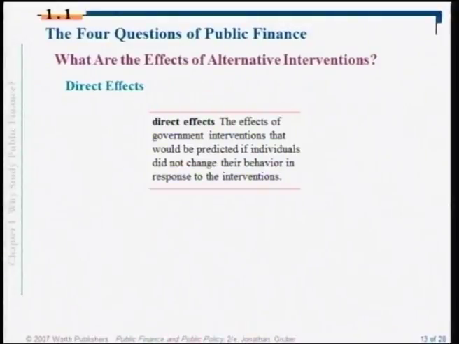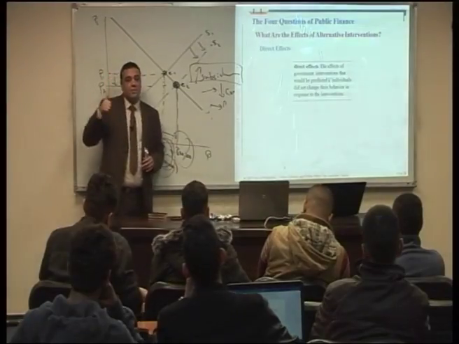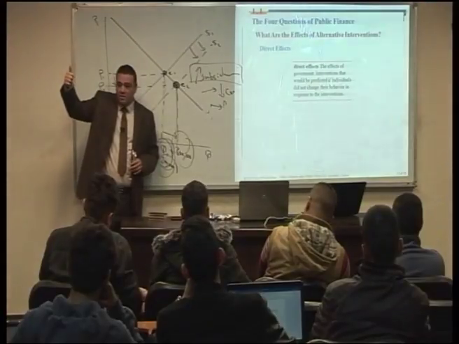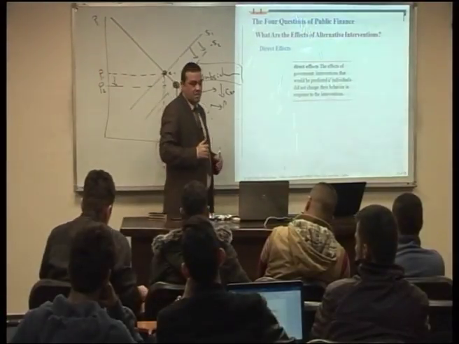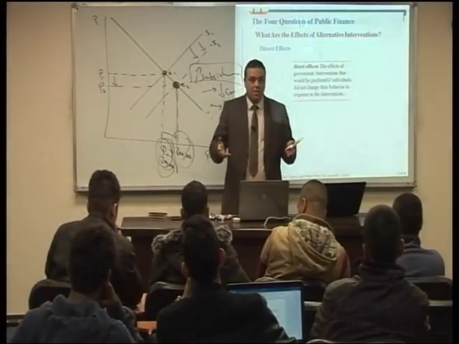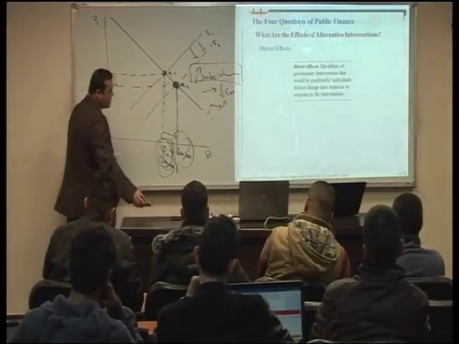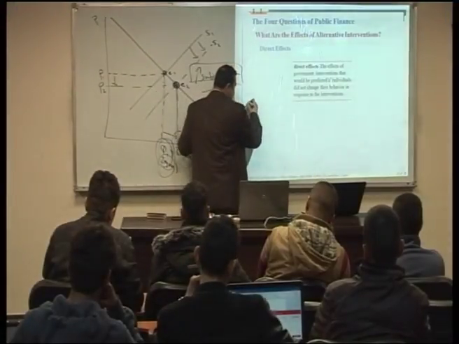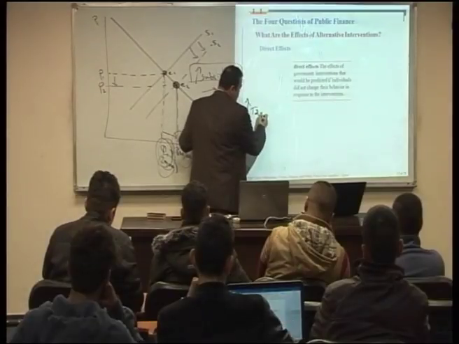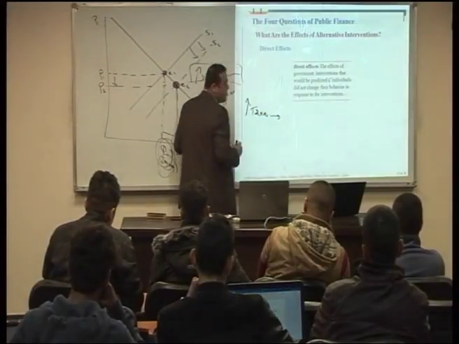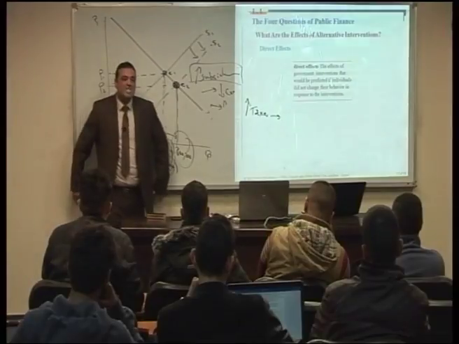What are the effects of alternative interventions? The effects of alternative interventions of the government are, we have two effects: direct effects and indirect effects. To understand the idea well, let's come back quickly to something in macroeconomics. Let us assume that the government increases taxes or increases its spending.